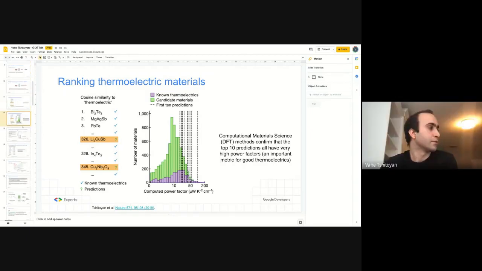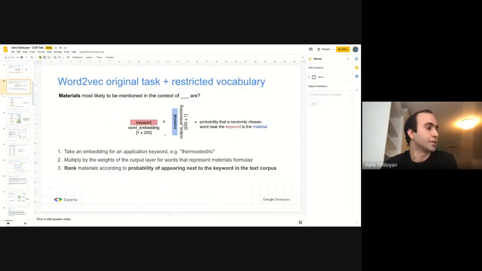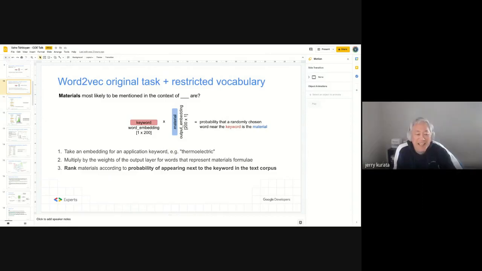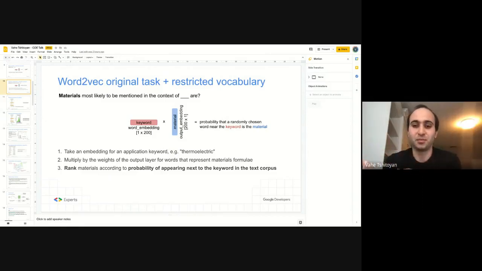Yeah, that's a very good question. And it's actually, in a sense, dealt with here. With word2vec, you're trying to predict the probability that this is mentioned with the word, right? So naturally, if this is a popular material or a popular algorithm like BERT, it's likely to be mentioned in every single paper. Yeah, exactly. So it's going to have a high probability.